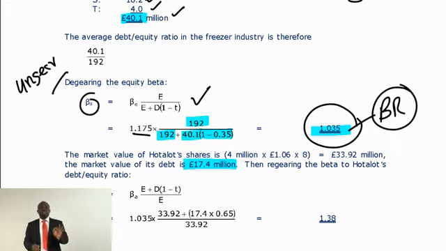And what will be the market value of equity? The market price wasn't given, and the number of shares wasn't given directly. So the same as we did for Freeze Up, the same thing here. What will be the number of shares?